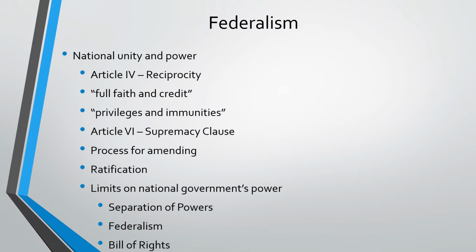However, this method not only gave each branch its own powers, but also gave each branch some powers over the other branches. And I will refer you back to the infographic that I have online for you. Please check the chart or the graphic that I have on separation of powers and on checks and balances. Do not get the 2 of them confused.